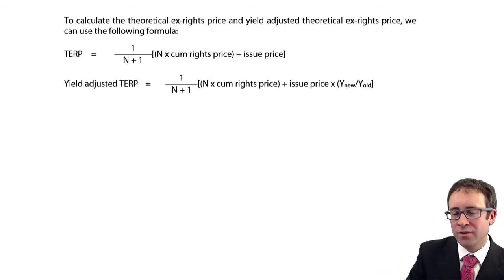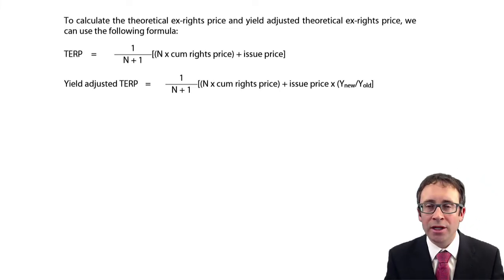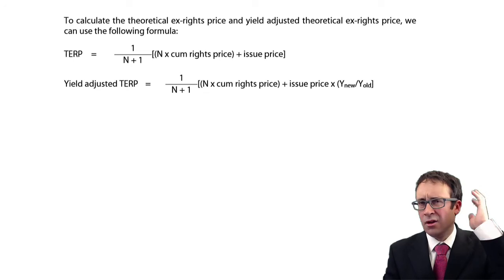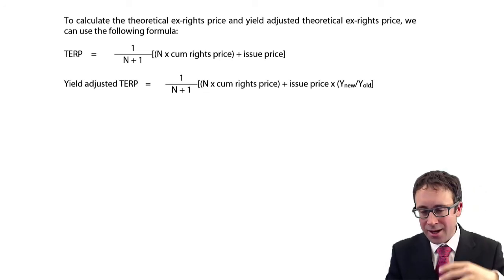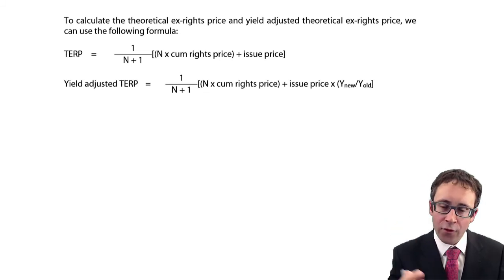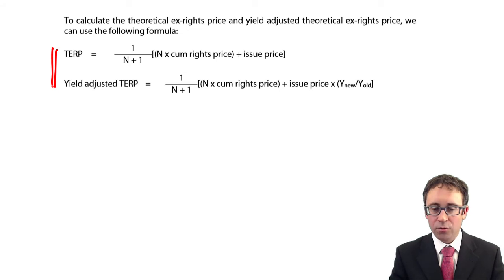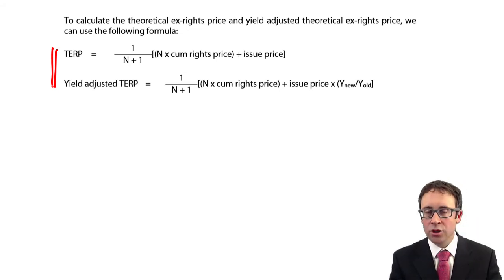But that then involves flipping through the exam, trying to find the formula sheet on the computer screen. Forget that. Do it like we've just worked it through. But if you like the formula, you have them there to work out the ex-rights price and the yield adjusted ex-rights price.